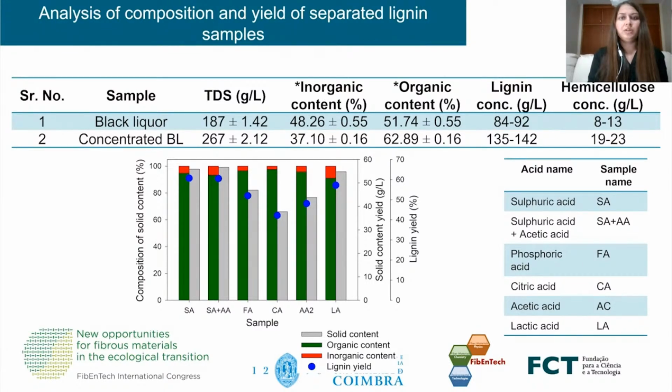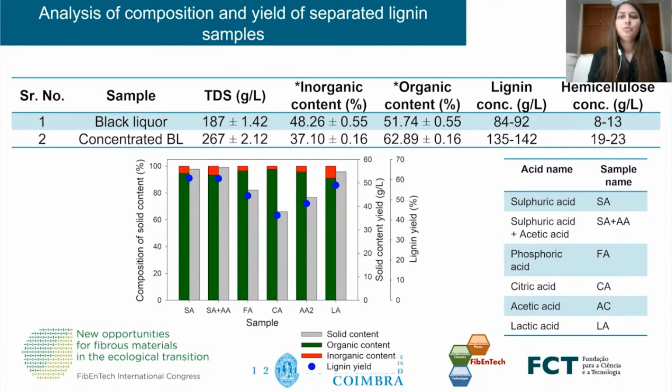In case of organic acids, lactic acid gave similar yield to sulfuric acid and phosphoric acid, but the extract obtained from lactic acid contained higher inorganic content, while the extract obtained by acetic acid and citric acid has higher organic content, but citric acid resulted in the lowest yield of lignin.